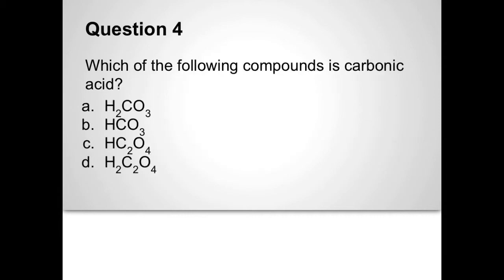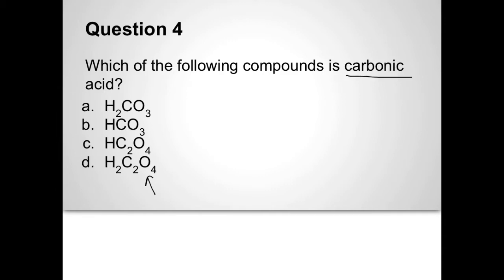Which of the following compounds is carbonic acid? Okay, so acids are compounds that have hydrogen as the first part of the compound, and in this case where we're talking about an acid, all of these have oxygen. So these are polyatomic ions that all have oxygen in them. So we need to go back and figure out which polyatomic ion would end up being named carbonic.